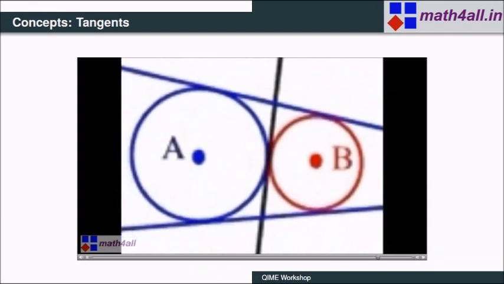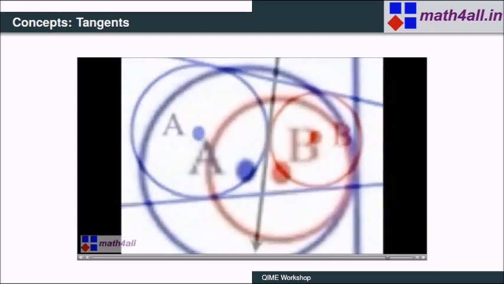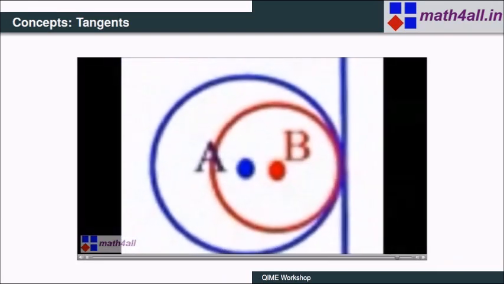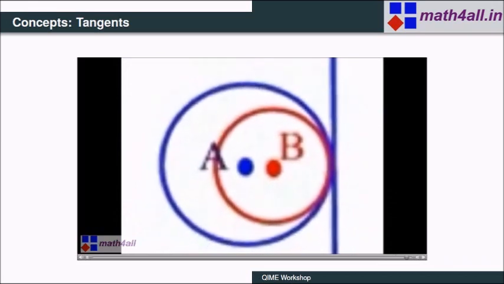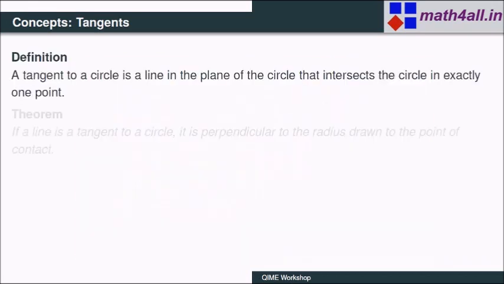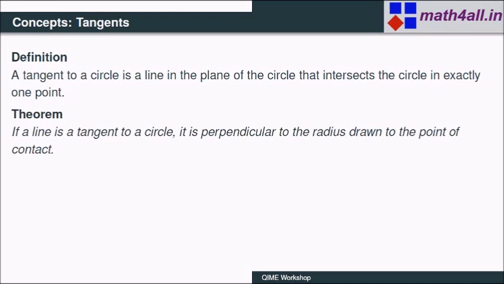How the eclipses are formed, lunar eclipse, solar eclipse, and so on. So these are basically tangents that you come across. So let us go ahead a bit.